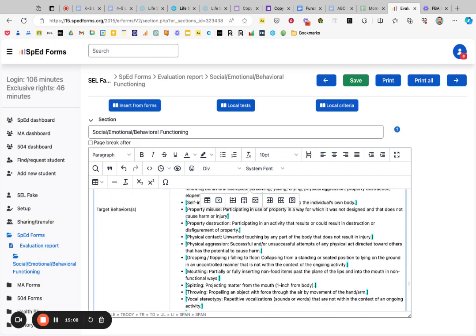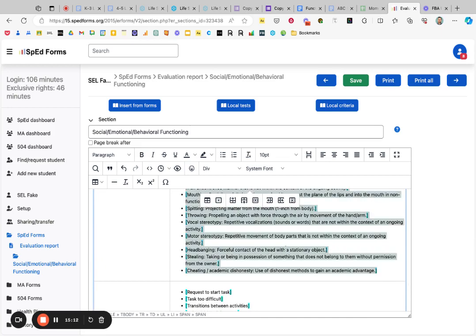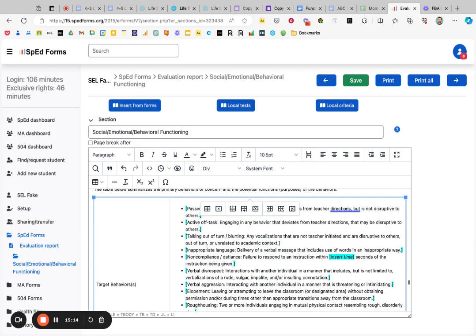So you're removing things. Let's just do that, just to demonstrate.